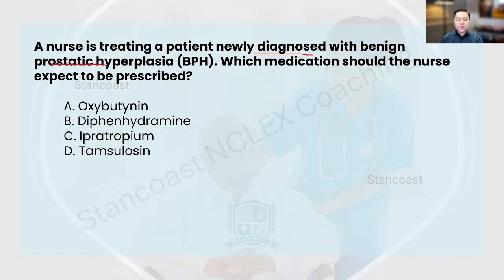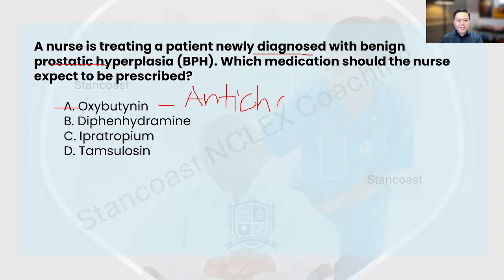All right, I hope that you had chosen your option. So let's go through the options here. Letter A, what is oxybutynin? Remember, this is one of the anticholinergic drugs that I said earlier, and this is used to treat what? Overactive bladder. Again, this is an anticholinergic.